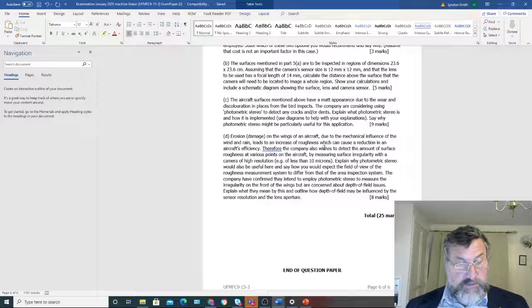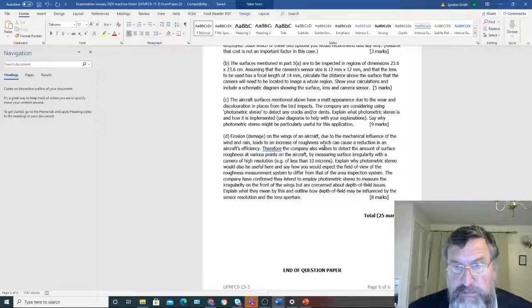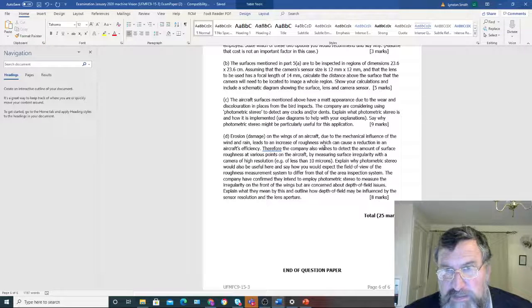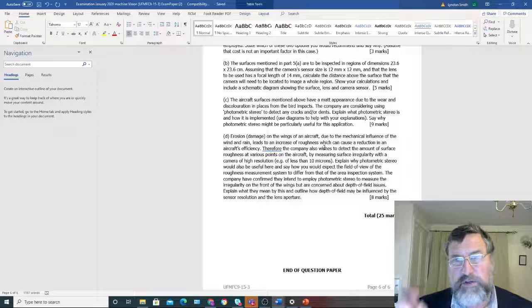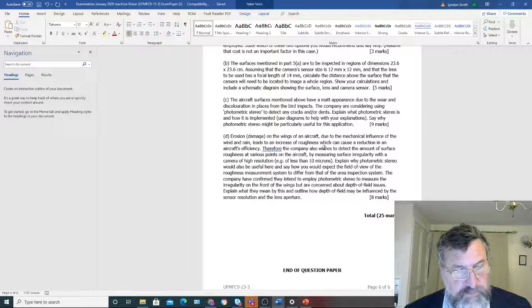Well, I suppose you guys can think about that. You've got to think about the field of view here, really. If you're looking at the roughness, and it says there 10 microns, you're really going to need to look at a much smaller area than if you were looking at a much bigger area.